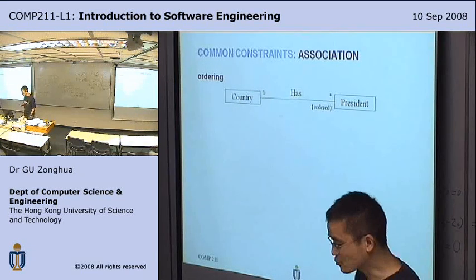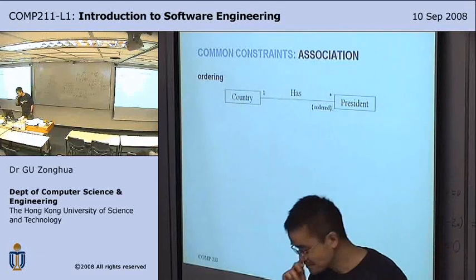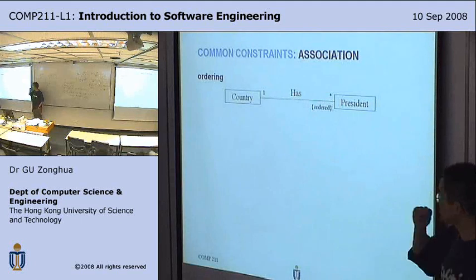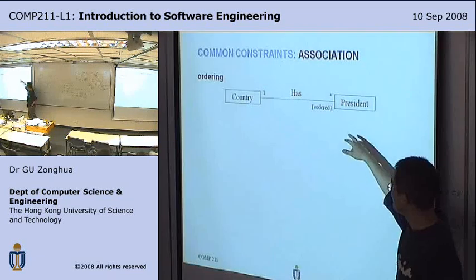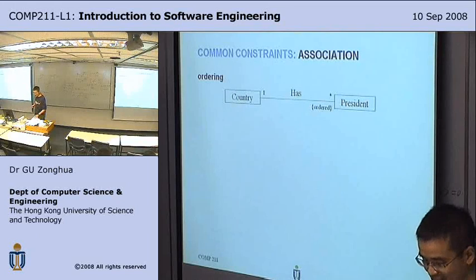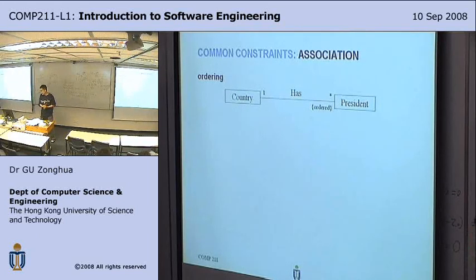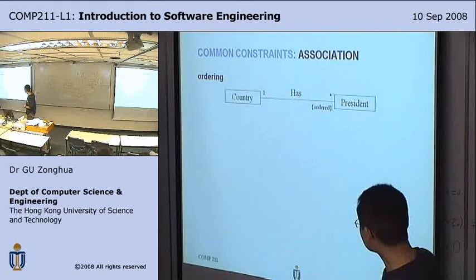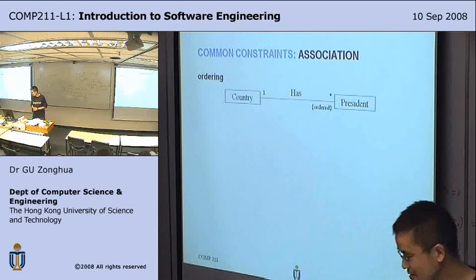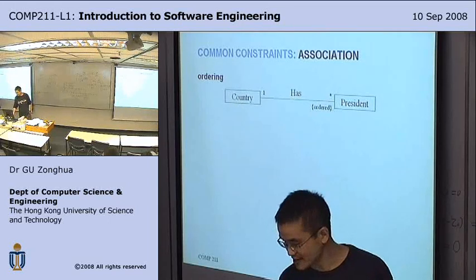A country may have 0 presidents because it may be in a transition period, for example. So these are already constraints, and then you can add additional constraints such as ordered. It means that you have an ordered list of presidents instead of a set with no ordering. For this case, the order may be chronological. You can list all the presidents in the history of the United States as the ordered list.